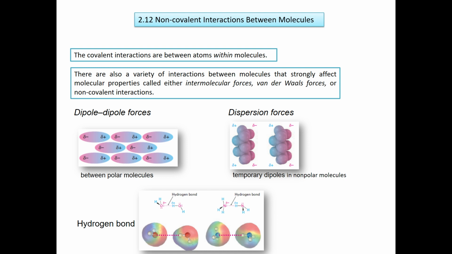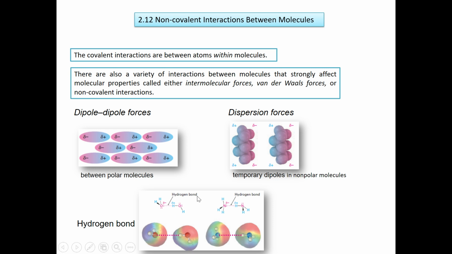force between molecules. Finally, what we can have is a hydrogen bond. A hydrogen bond is when we have a hydrogen bonded to a heteroatom, oxygen or nitrogen or sulfur.